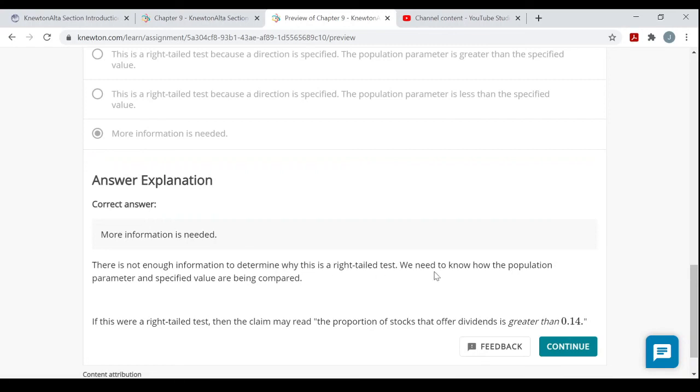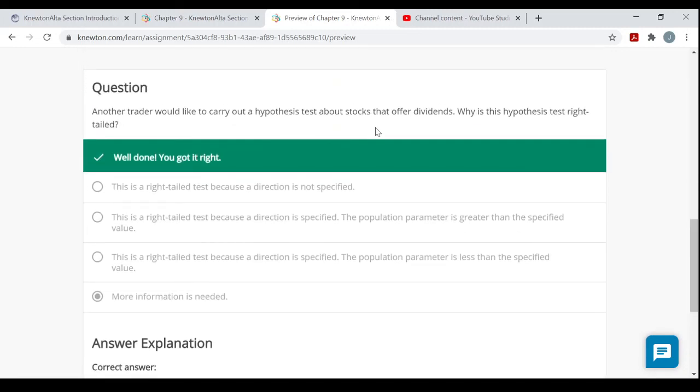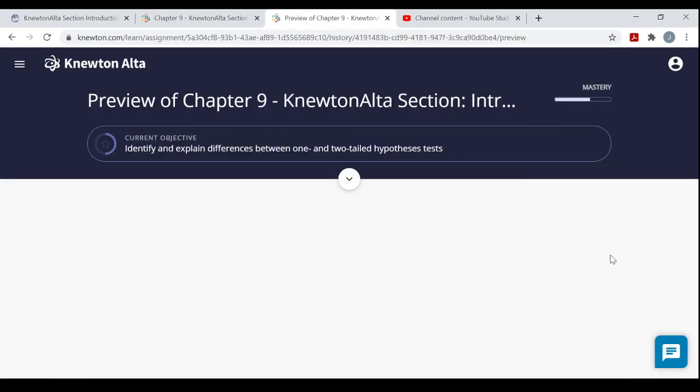Again, we need to know how the population parameter and specified value are being compared. Is it greater? Is it less? Is it not equal? I need to know what that alternative hypothesis looks like. And if they're just saying we're doing a test, you don't know, without being offered more specifics, what the alternative hypothesis looks like. Okay. And that's it for that.